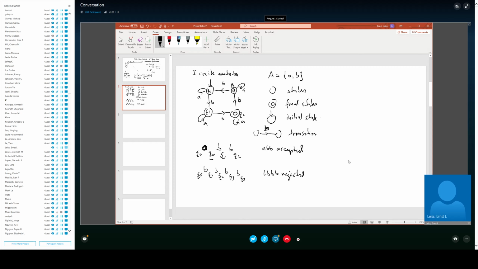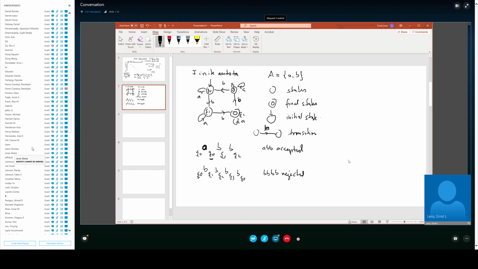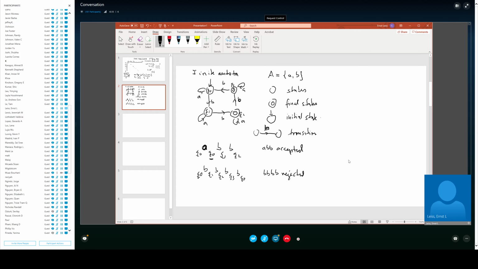But if you look at this graph, what do you see? Well, first of all, you can obviously observe that wherever you are, the A is not going to get you into a different state. So if you have a letter A, it doesn't change anything.